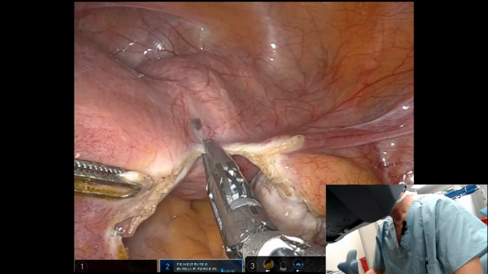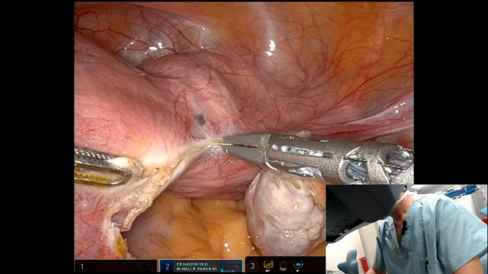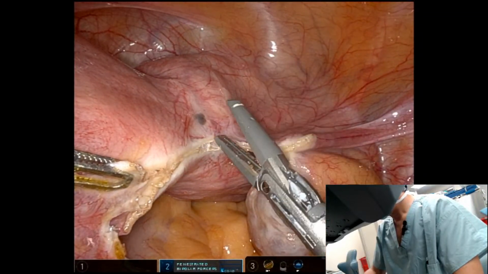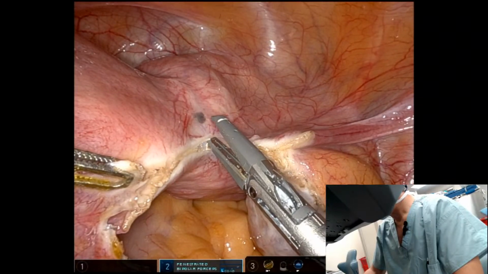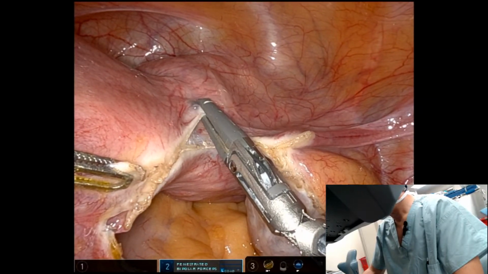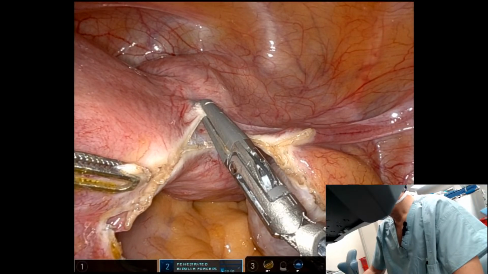We open the broad ligament to expose the artery and vein. This is an implant of endometriosis.